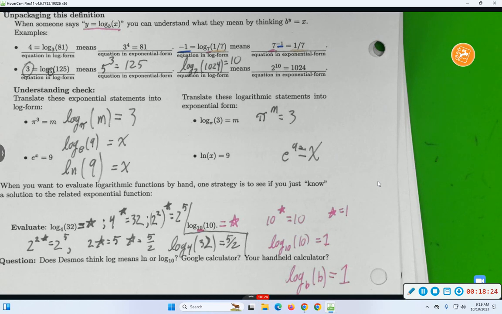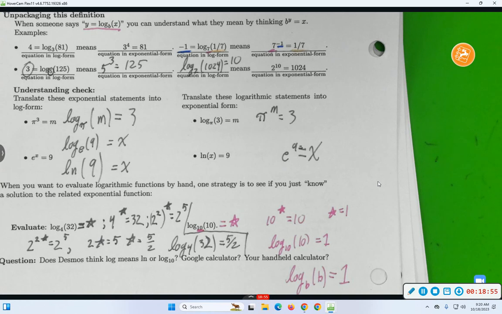What does your calculator say? Folks whose calculator said 1? Cool. Your calculator walks naturally in base 10. When you just ask it for the log, it will be walking with the log base 10.